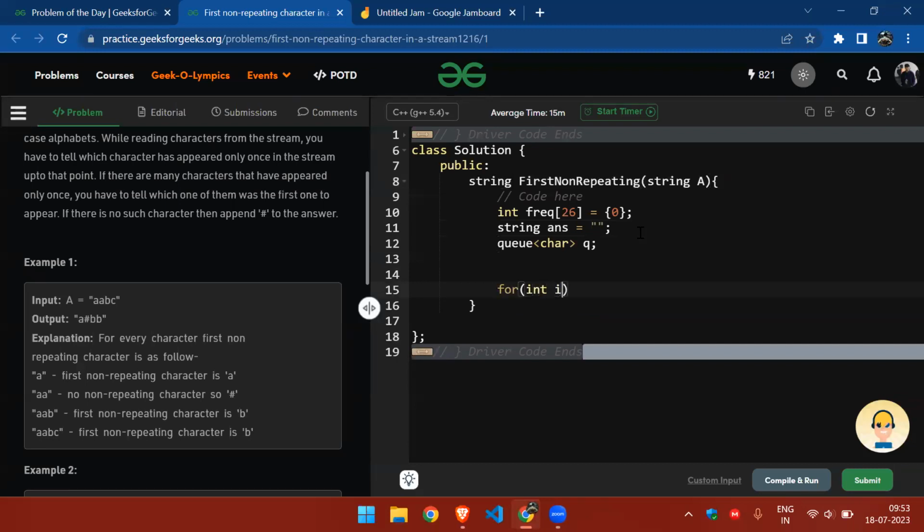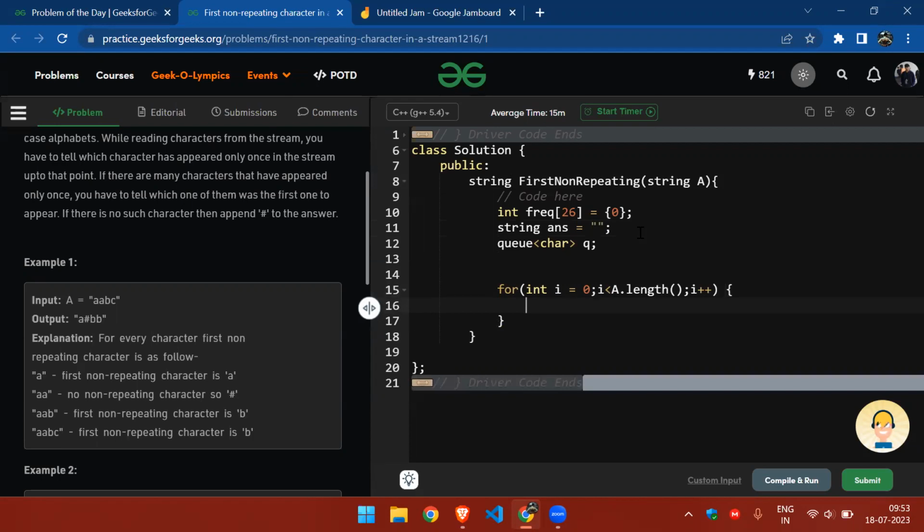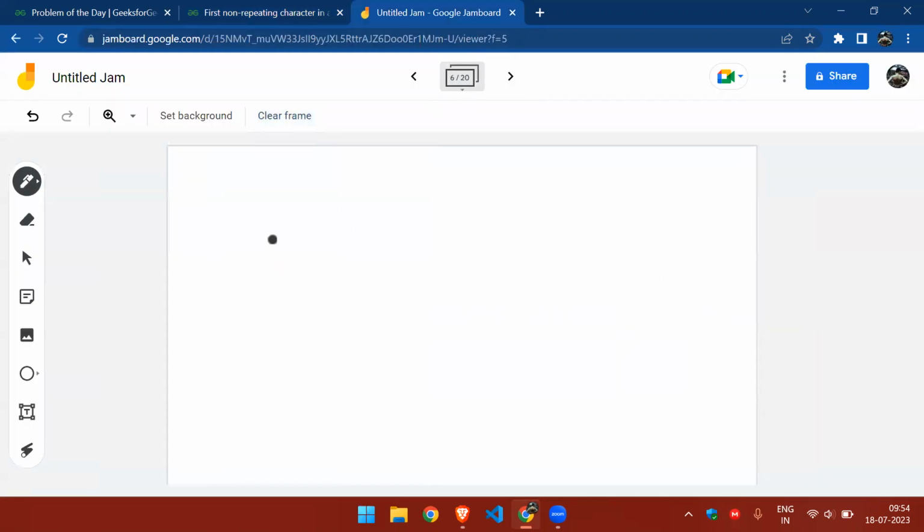Now I'll be iterating over this stream. First of all, I'll keep the record of the frequency: frequency of A of i minus 'a' gets incremented every time.